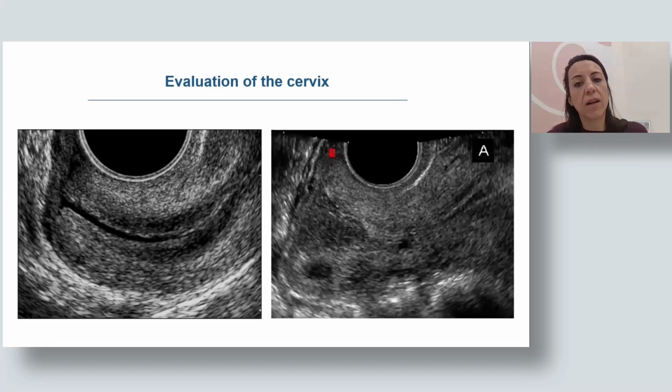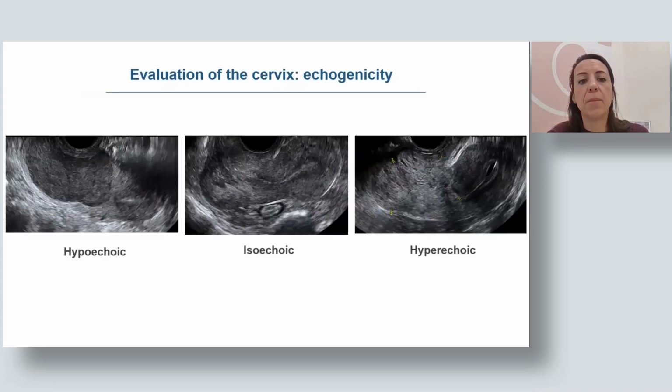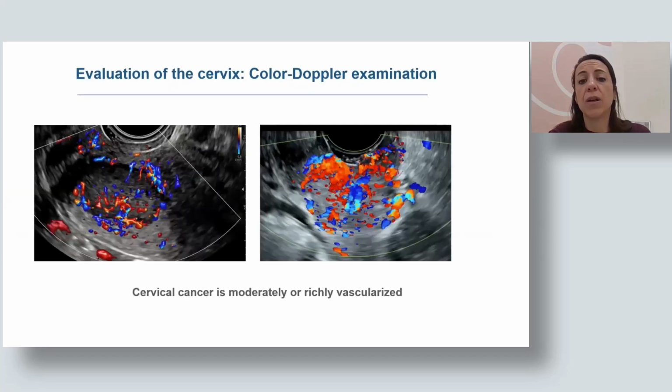What about this one? This is another image showing a cervix, but with a small tumor. Cervical tumor can be hypoechoic, isoechoic, or hyperechoic, and it is usually richly vascularized at color Doppler examination.